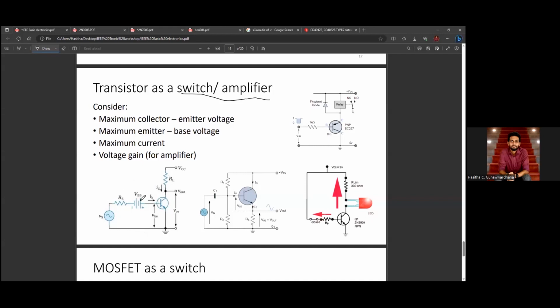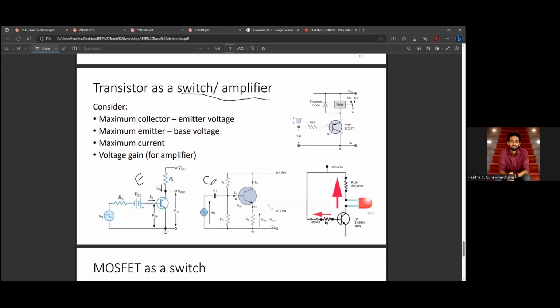Here I have shown the common emitter configuration. If you are in first year or second year, I think you will learn this in fourth semester or third semester in our faculty.